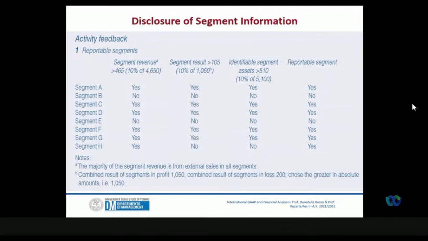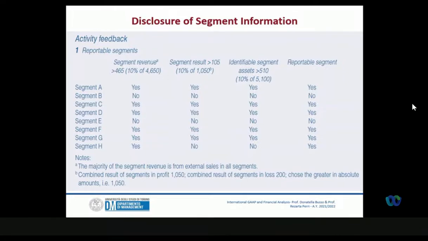In case you fulfill only one of the thresholds, you have to report the segment. Remember? So keep in mind, meeting only one of the criteria is enough for you to consider that segment reportable.